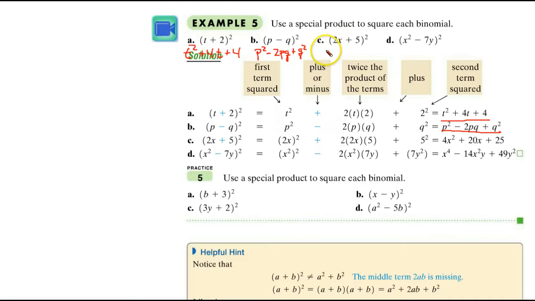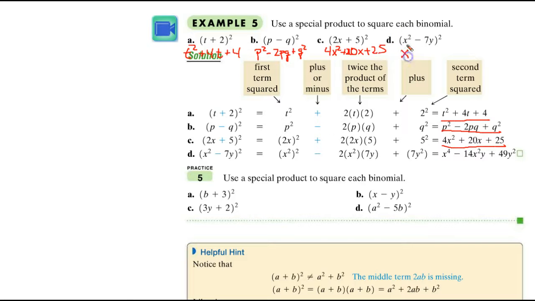This one, square the first term. Multiply these together, you get 10. Double it, get 20. Watching the sign. Square the last term. Square the first term.